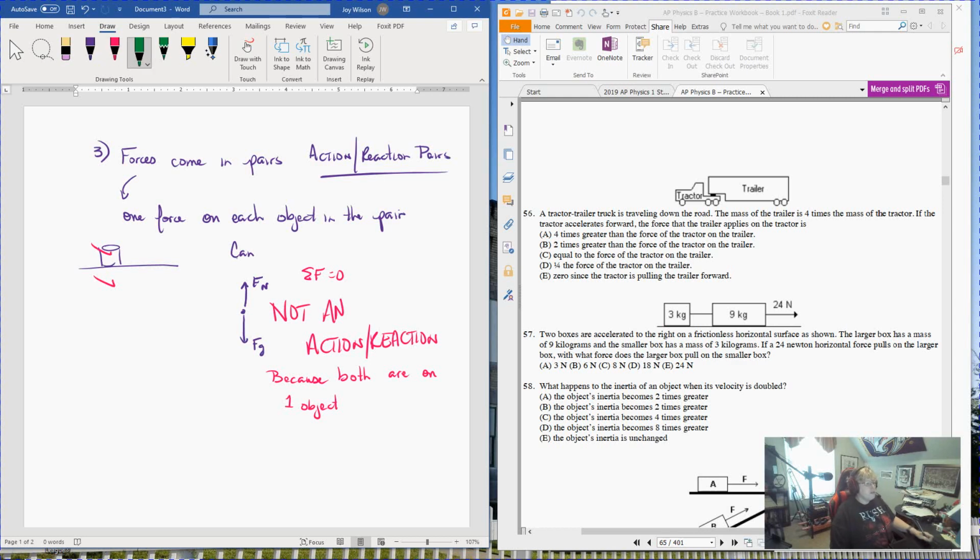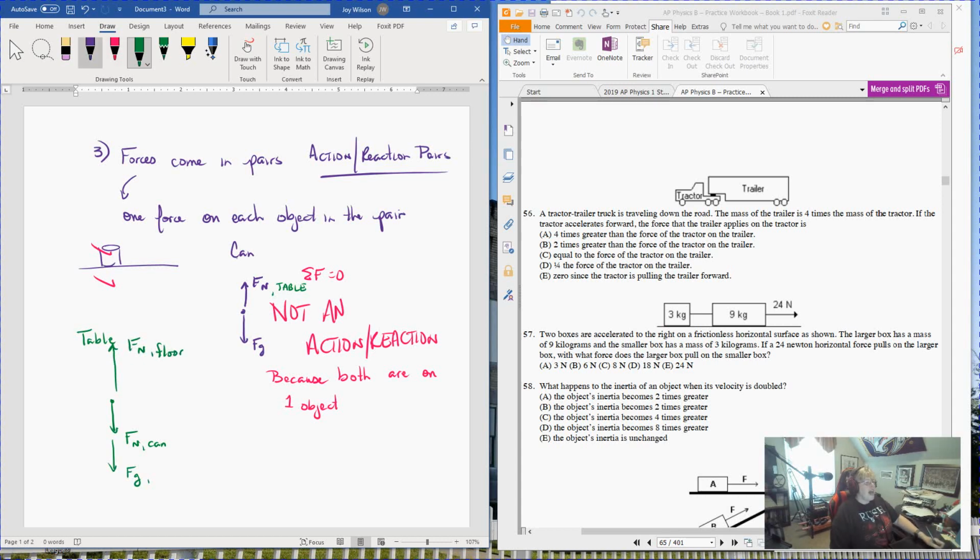So if I was to do the action-reaction pair for the table and the can, here's what it would look like. The table has acting on it a force normal from the can. The can has a force normal from the table. The table also has a force due to gravity, and it has a force normal from the floor.